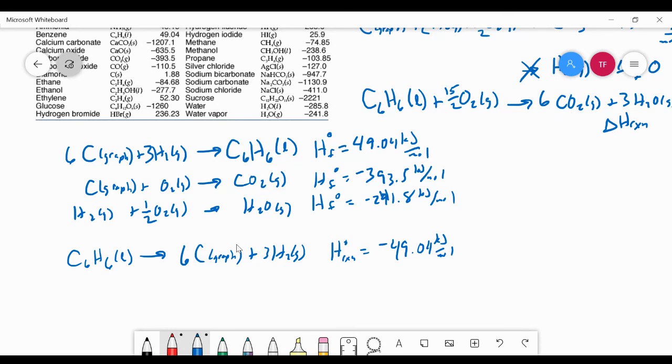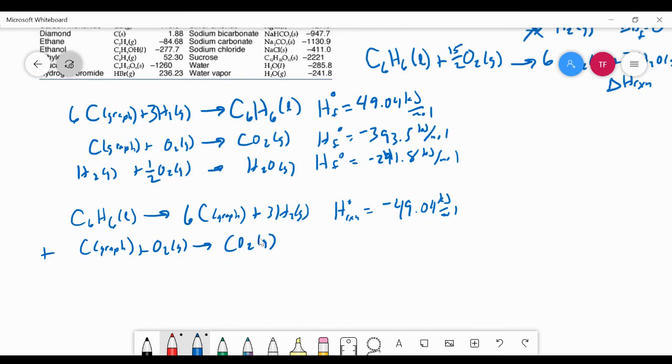So I'm going to add to this reaction that I flipped, C graphite plus O2 gas becomes CO2 gas. So now I have C6H6 on the left, I have CO2 on the right. Notice now I have some oxygen on the left, and there's oxygen on the left here. So we're going to add one more reaction.